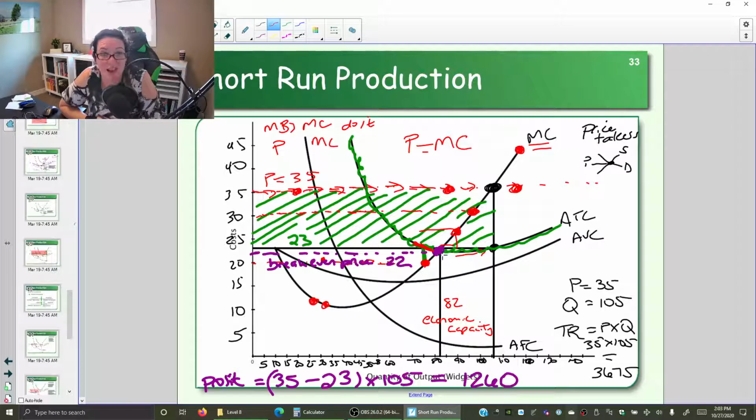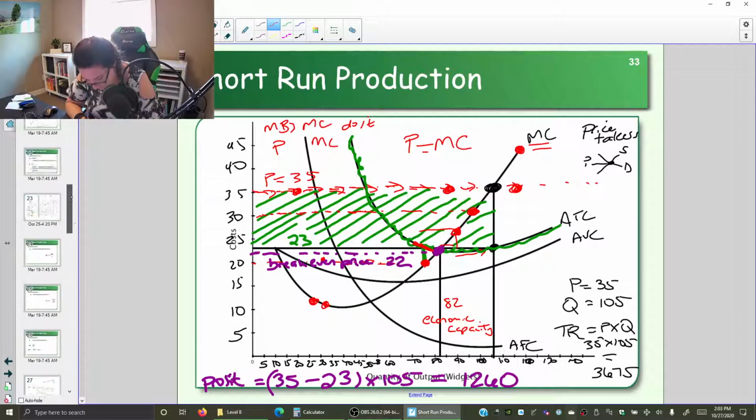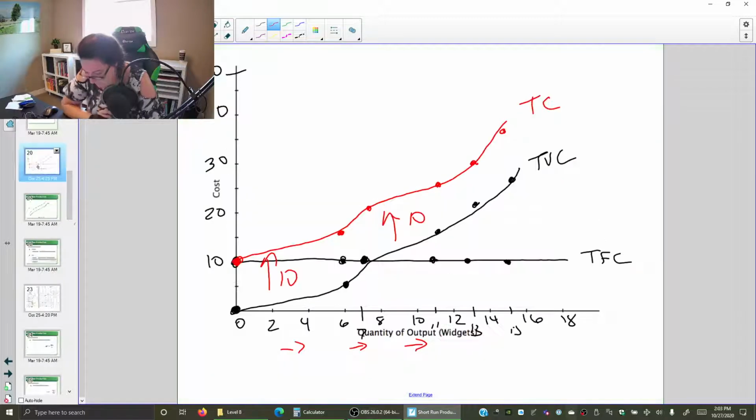Should we shut down? Well, this is where we get into our discussion about the short run and the long run. In the short run, at least some of your costs are fixed. And what do we know about fixed costs? Let's go back to our graph. What do we know about our fixed costs? Even if you produce nothing, you still have to pay that fixed cost.